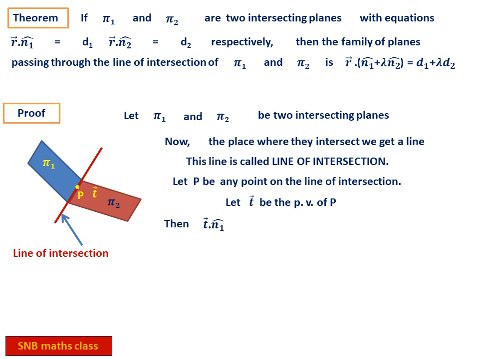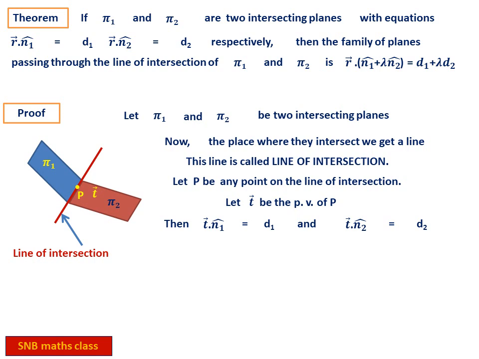Now very important thing is this. See, T dot n1 must be equal to d1 and T dot n2 must be equal to d2. Why? Because that point P is a point on the plane pi 1 also, and it is also a point on the plane pi 2 also. Therefore it satisfies pi 1 as well as pi 2.